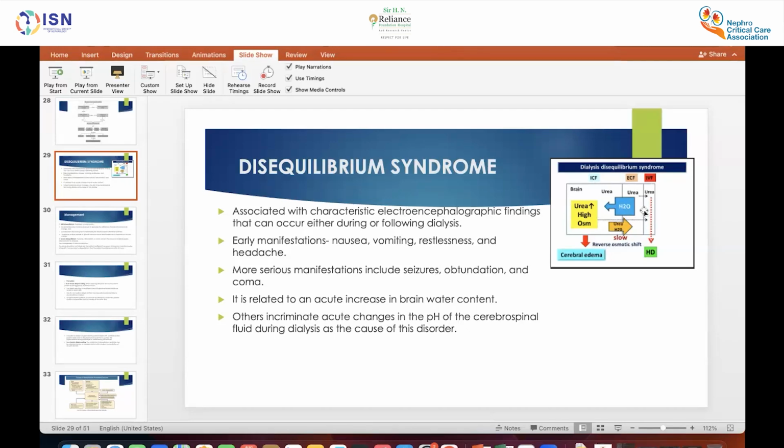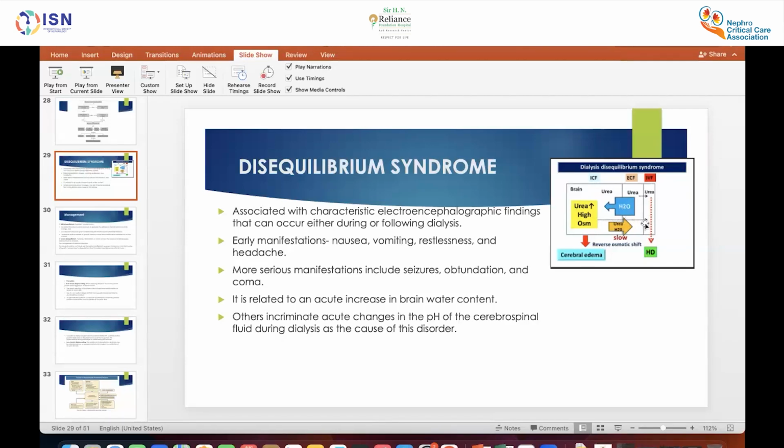So when you are doing dialysis in a rapid session, you are reducing the urea in the intravascular fluid compartment. That is much more than the urea rebound. Like you said, urea should come from the intracellular compartment to equilibrate with the intravascular compartment.